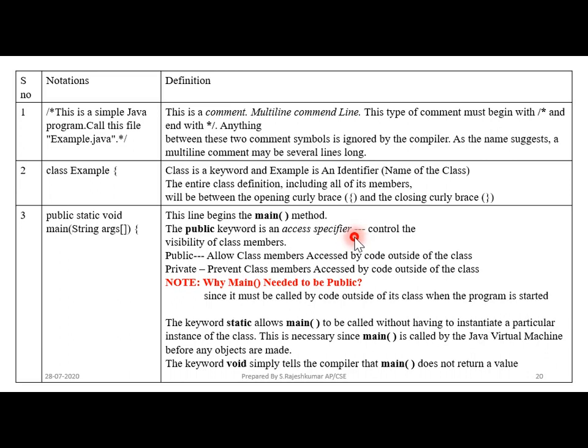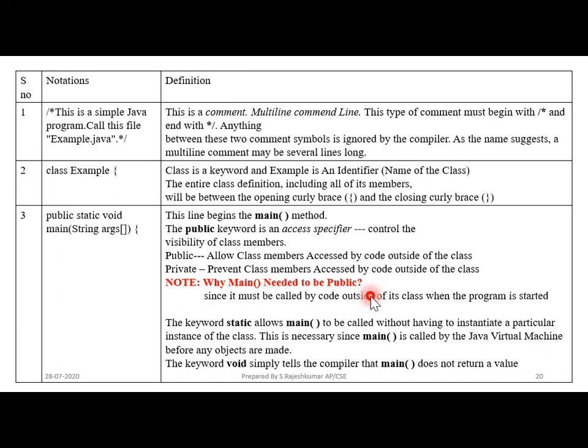That's why it is mentioned as public. If it is mentioned as private, it cannot be accessed outside the class, but usually main will not be private, since it must be called by code outside of the class.